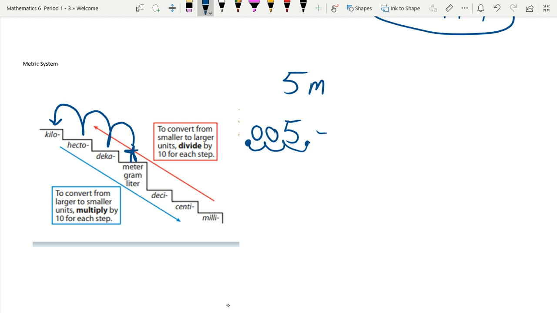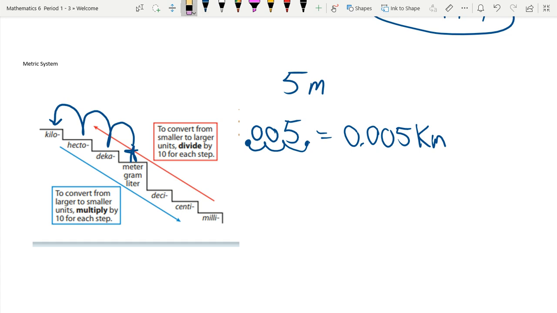So my final answer is 0.005, in this case, kilometers. A kilometer is bigger than a meter. So this is 5 meters, so it's going to be a really, really small number compared to 5 meters. So I moved my decimal to the left.